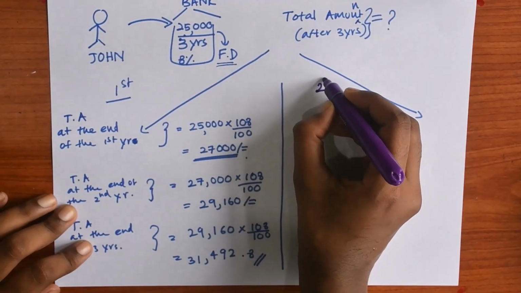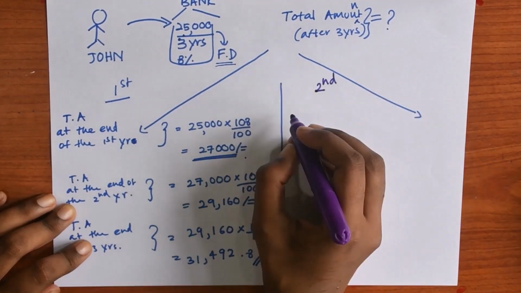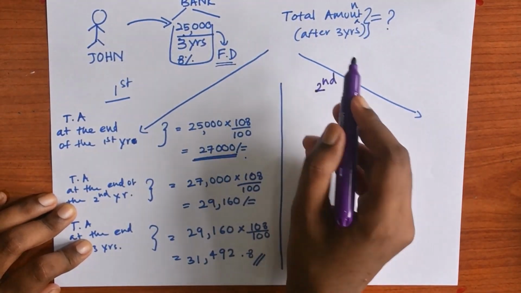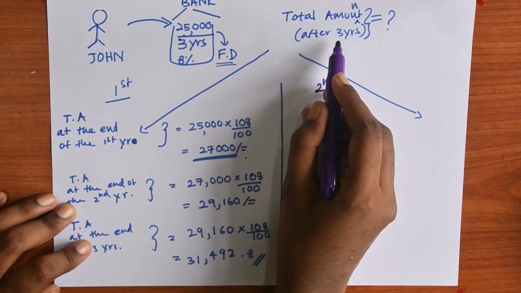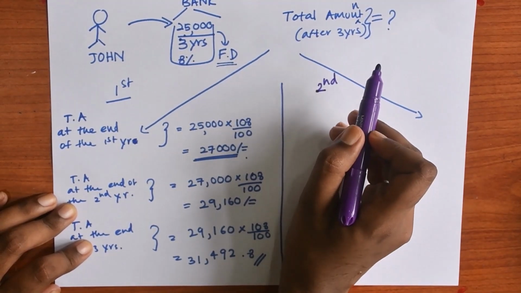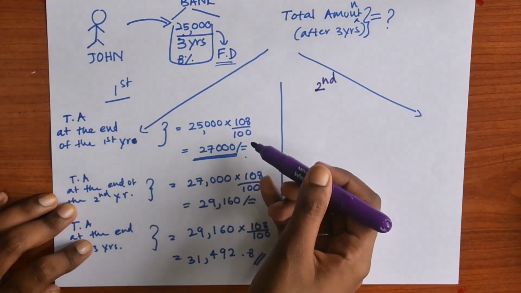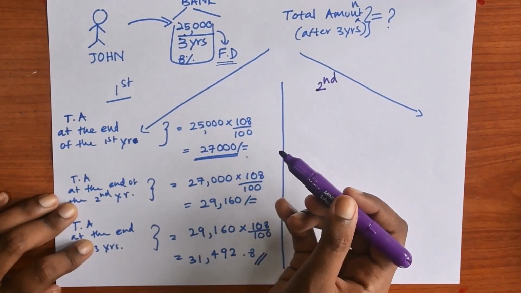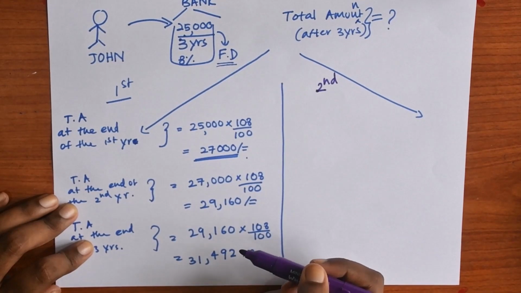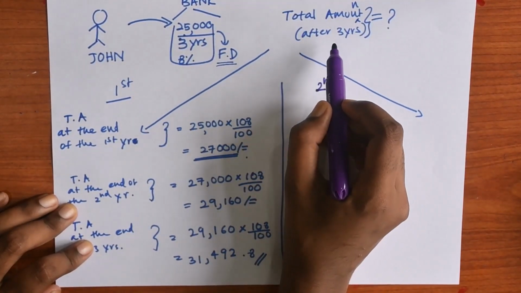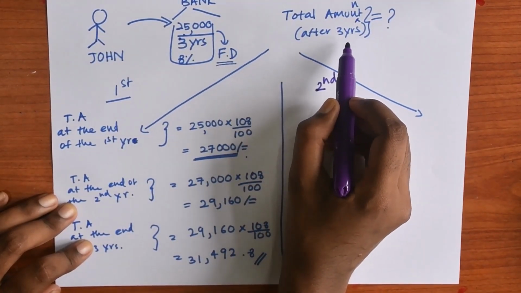Now let's calculate the amount of money that John will receive at the end of 3 years without calculating the amounts of money that he will receive at the end of each year. Without calculating the amount that John will receive at the end of each year, we are going to directly calculate the total amount that John will receive at the end of 3 years.